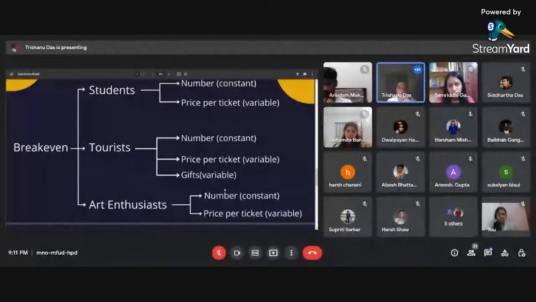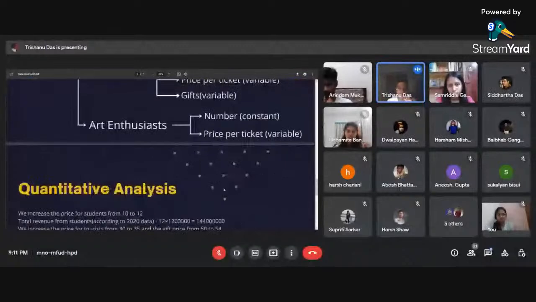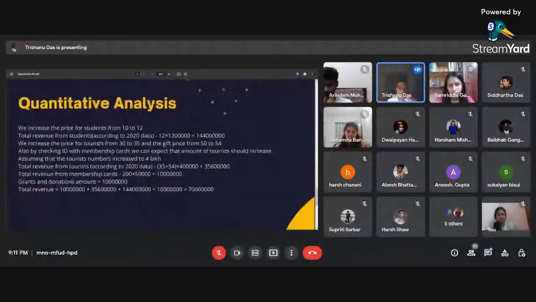In the quantitative analysis, we first take the total revenue from membership cards as 200 into 50,000, which is equal to 1 crore. In order to achieve the break even, we have also decided to increase the fees for students, because 2 rupees won't be too much pressure on students to visit museums.